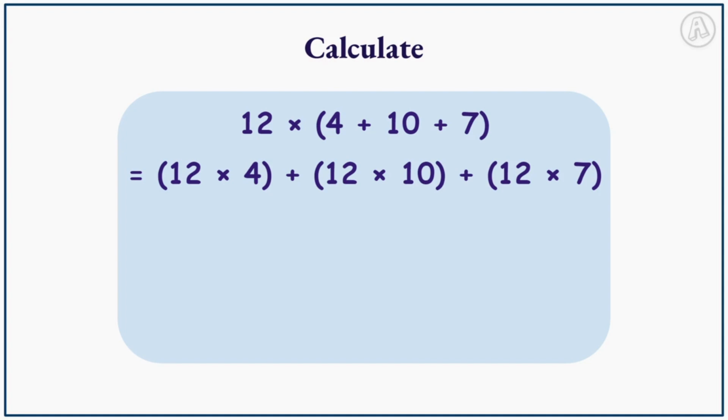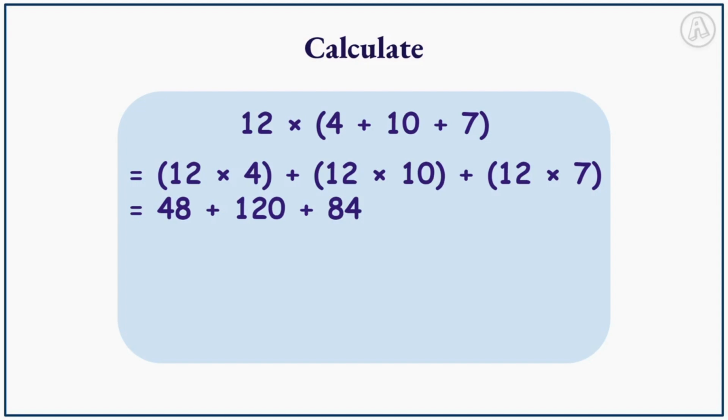Now, let's calculate the brackets. 12 times 4 equals 48, 12 times 10 equals 120, and 12 times 7 equals 84. This equals 48 plus 120 plus 84.